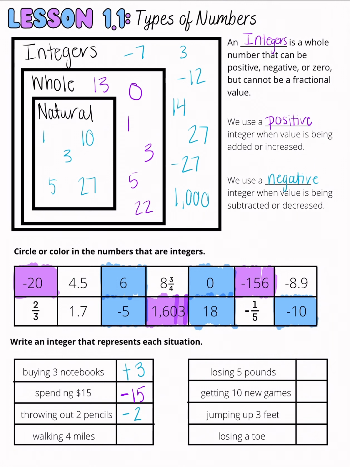Walking 4 miles, that's a positive number, because distance is always positive, which we'll see next lesson. Losing 5 pounds, so minus 5. Getting 10 new games, that would be a positive 10. Jumping up 3 feet, that would be a positive 3. And then losing a toe, which is sad, would be minus 1. So you have no more pinky toes.